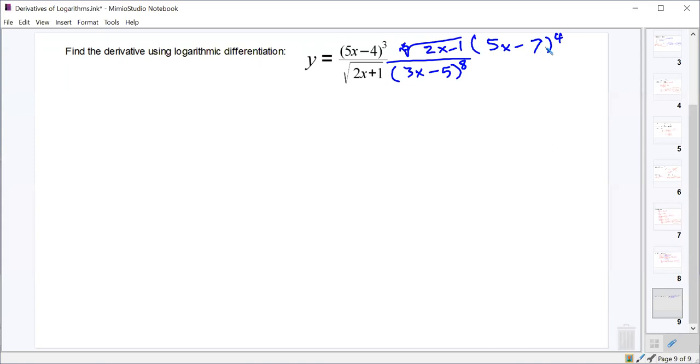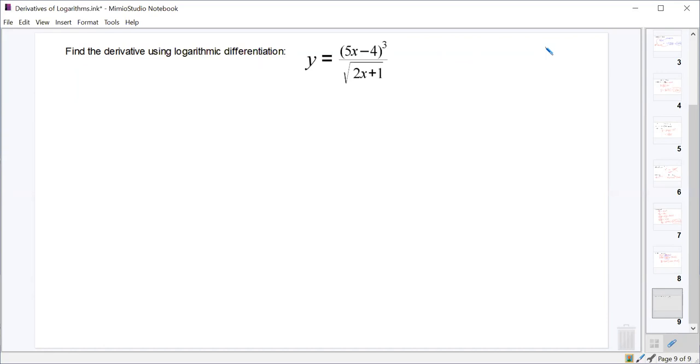Yes. All right, so we're going to try to use this logarithmic method, and we're going to use it on a simpler one because there's no reason for us to throw all this extra stuff in there. But we're going to use this idea of logarithmic differentiation to take a bunch of binomials that are being raised to powers and either multiplied or divided by each other to find a derivative an easier way, perhaps.